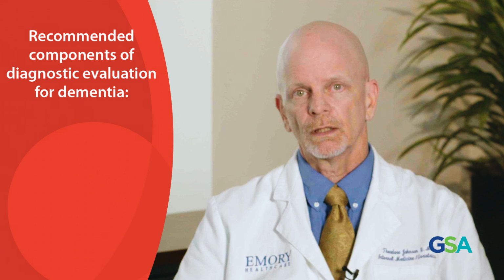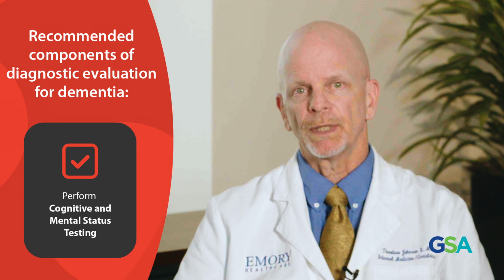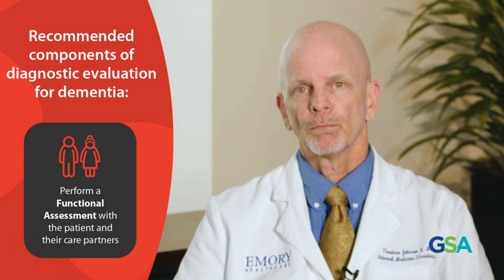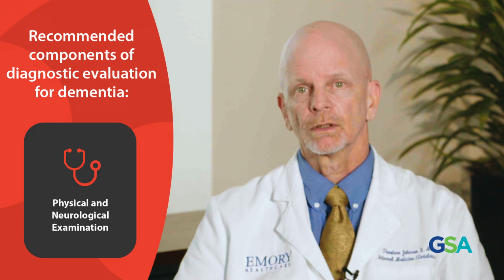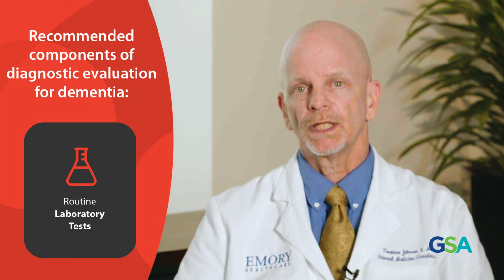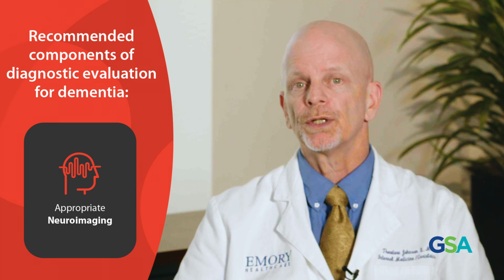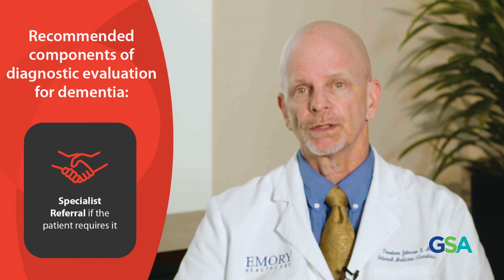They are: gather their medical history, perform cognitive and mental status testing, perform a functional assessment with the patient and their care partners, physical and neurological examination, neuropsychological testing, routine lab results, appropriate neuroimaging, and a specialist referral if the patient requires it. Visit carebrain.org for deeper details on these important steps.